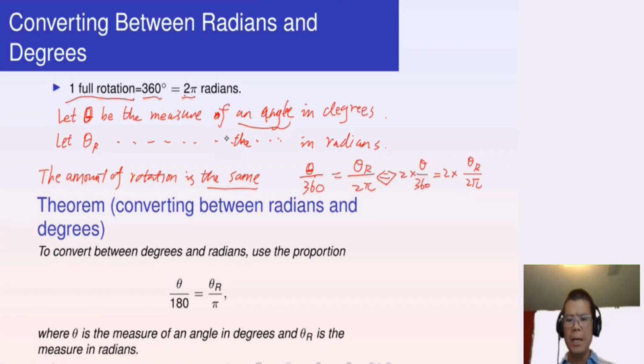On the right-hand side, the 2 and 2 cancel out. On the left-hand side, theta over 360 times 2 is what? Theta over 180. Okay, very good. Theta over 180 equals theta r over pi.